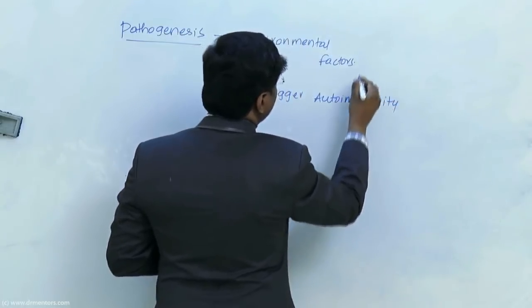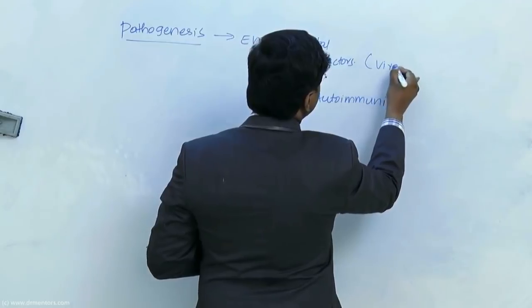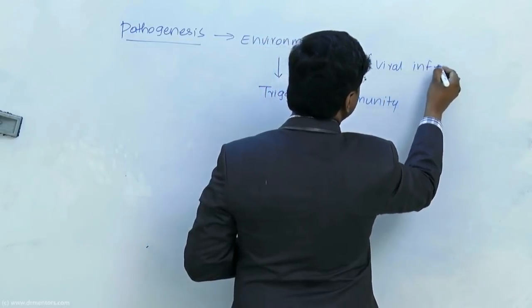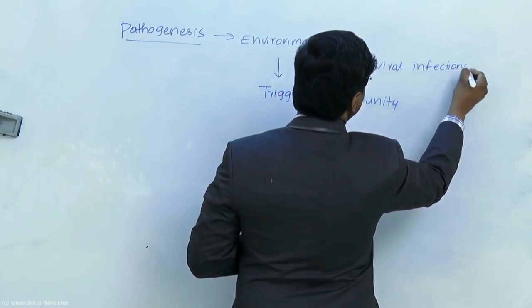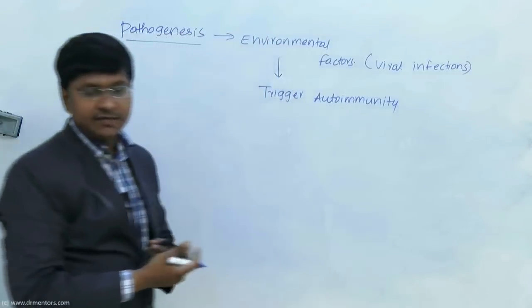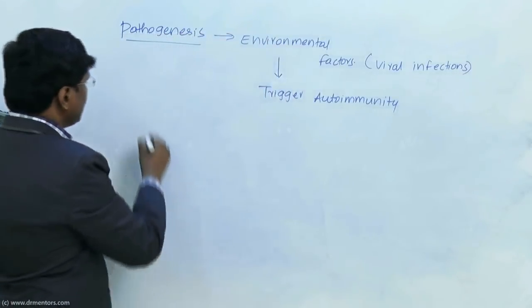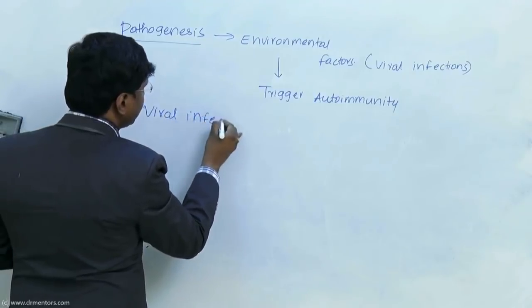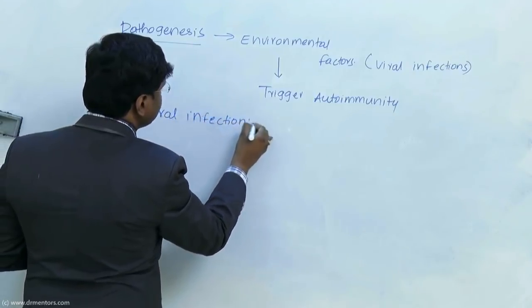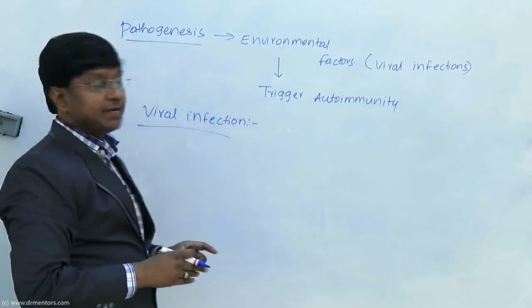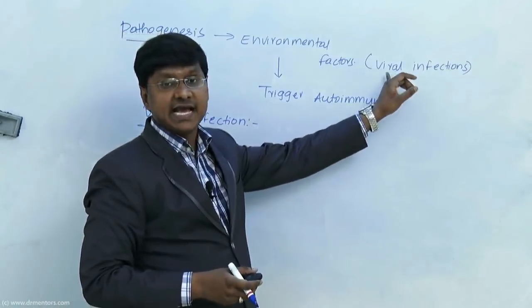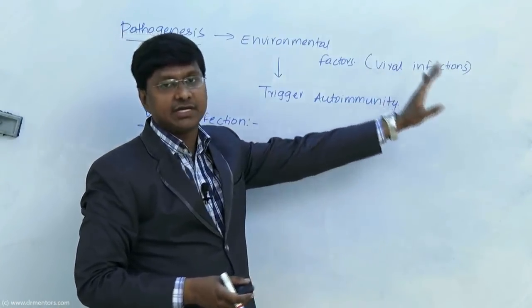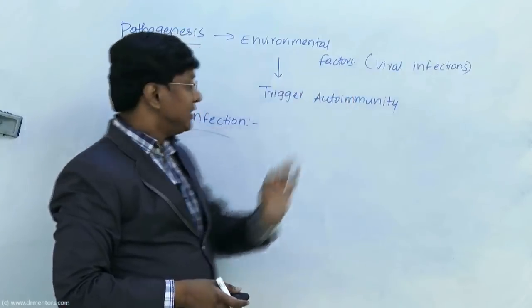And what are those environmental factors? It is mainly the viral infections. Now what are those viral infections which will cause type 1 diabetes mellitus? Remember, viruses as such will not attack the beta cells.